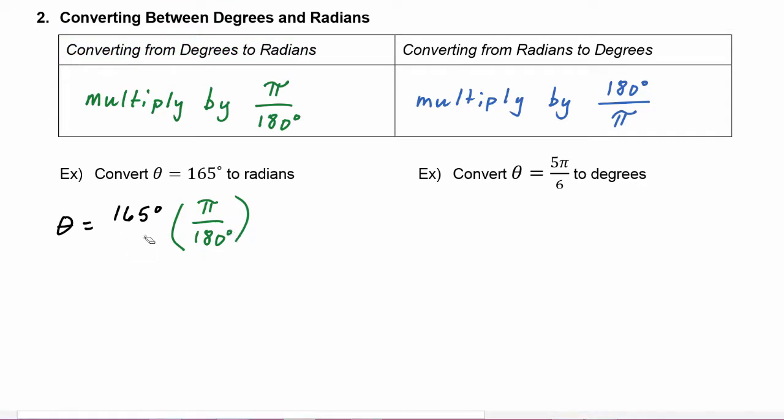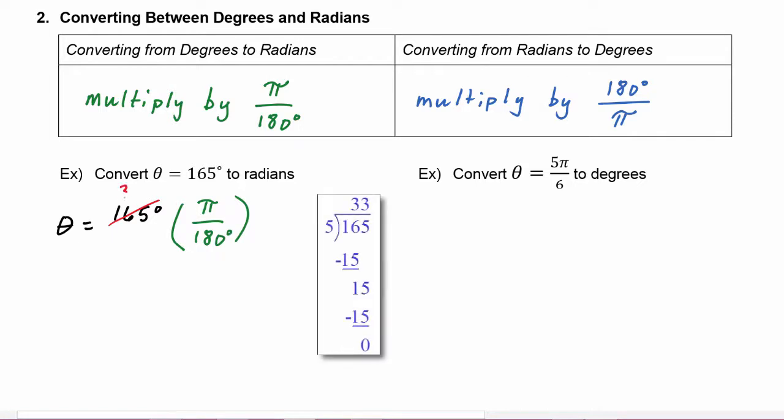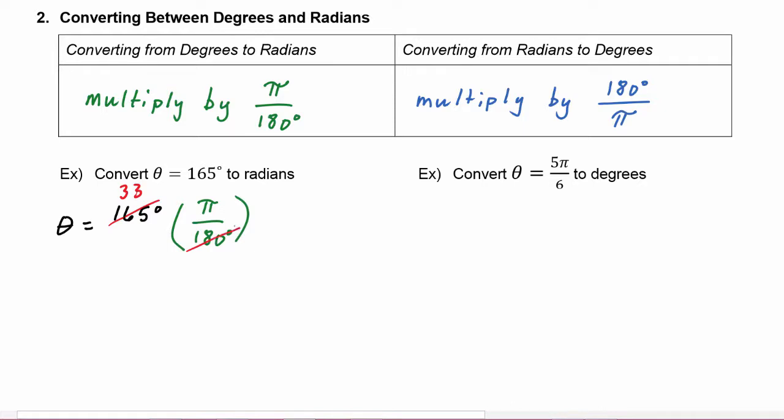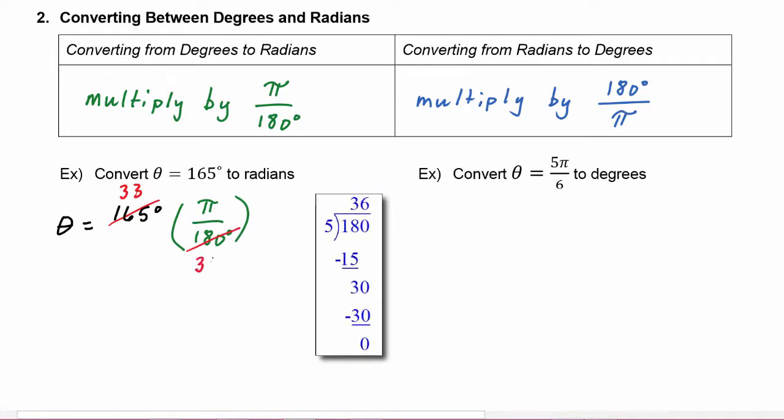Now because 165 ends in a 5 and 180 ends in a 0, we know that they have a common factor of 5, so we can go ahead and reduce. We know that 5 goes into 165 33 times, and 5 will go into 180 36 times.